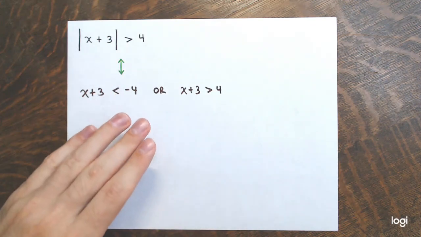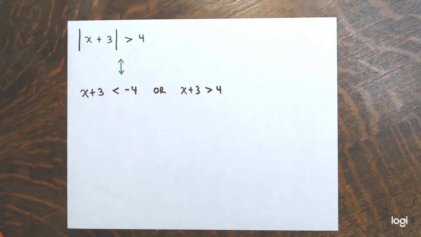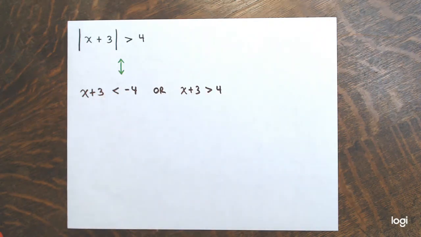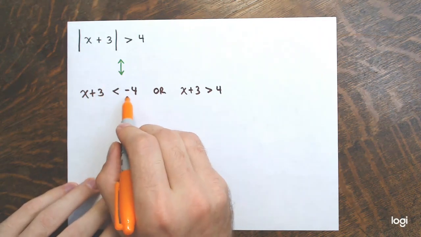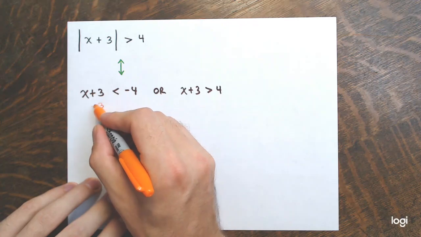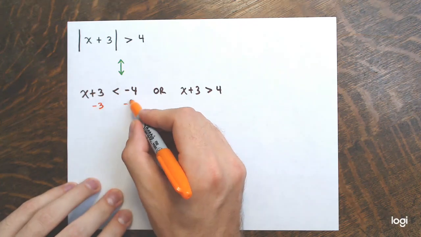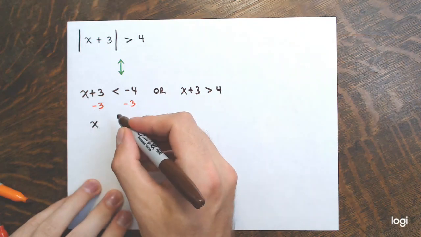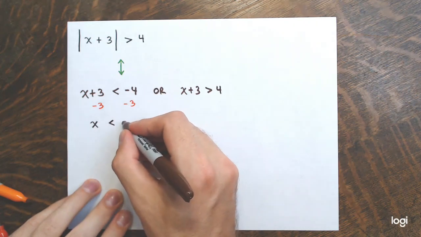And then I solve this compound inequality. Now remember, to solve inequalities involving the word or, you solve each one separately, and then take the union of those solution sets. So for the left inequality, I'd be subtracting 3 from both sides, leaving me with x is less than negative 7.